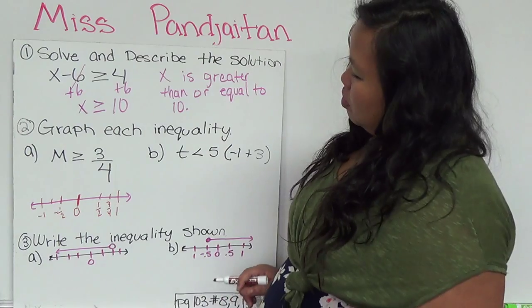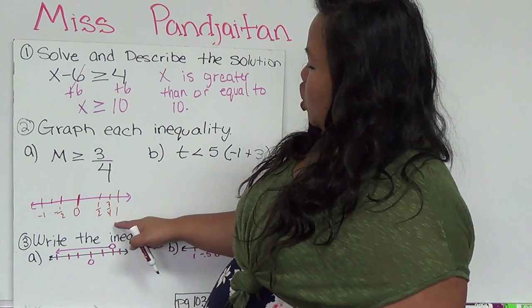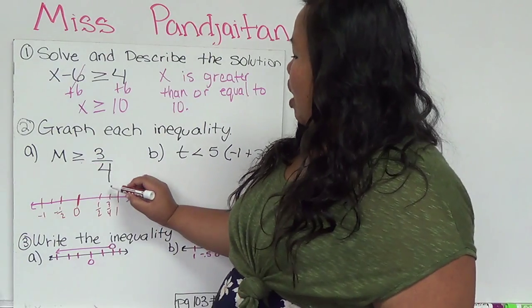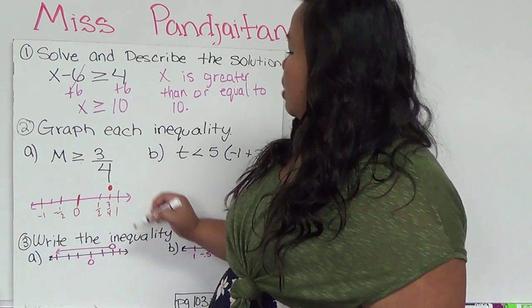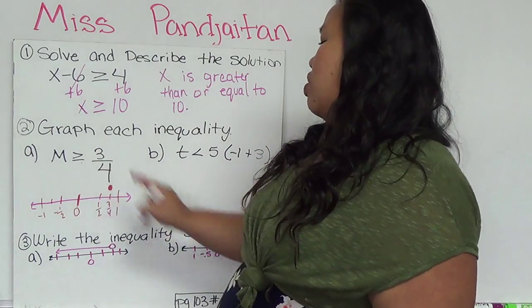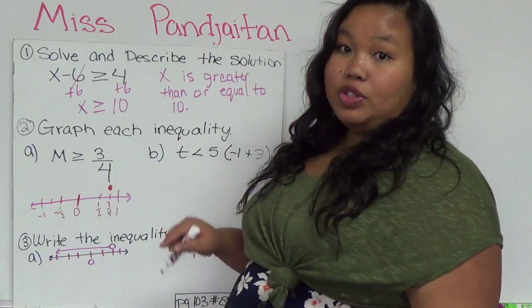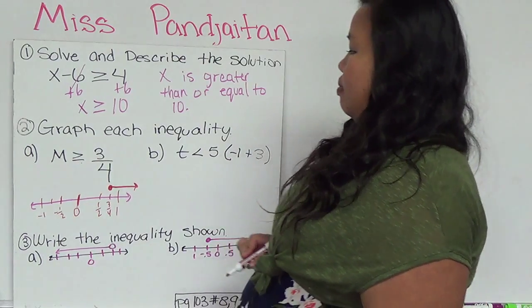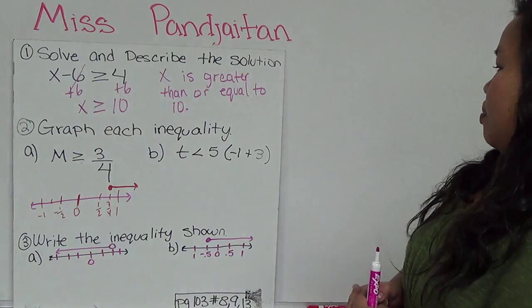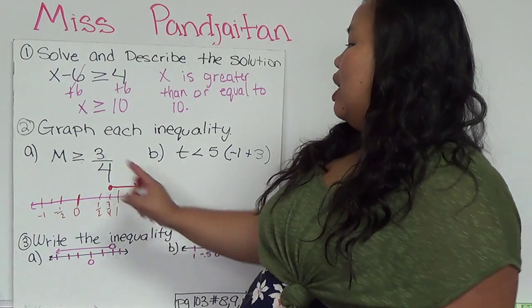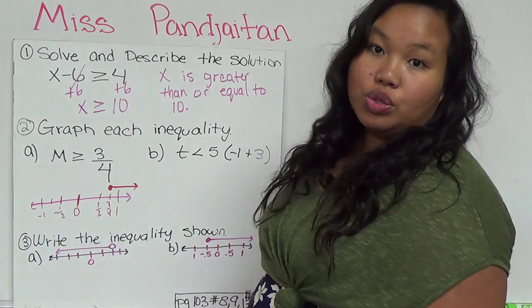Okay, so I'm going to start. Am I doing open circle or closed circle? Well, because there's a line here, I'm going to do closed circle because it includes it. And so all the values are going to be bigger than 3/4. So am I going left or right? I'm going to go right, because m is anything bigger than 3/4. So anything less than 3/4 will make this not true.